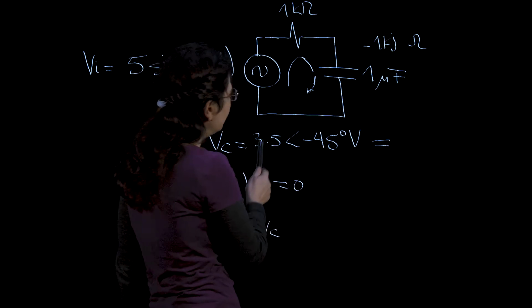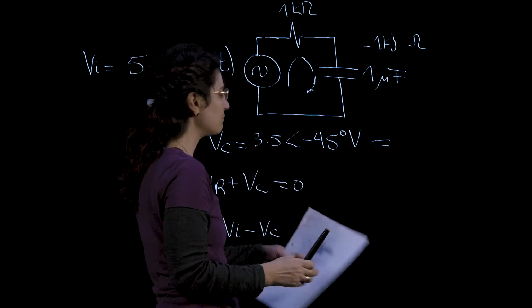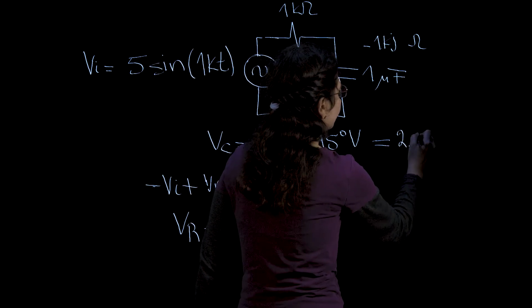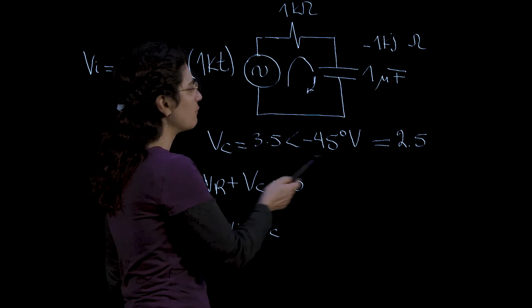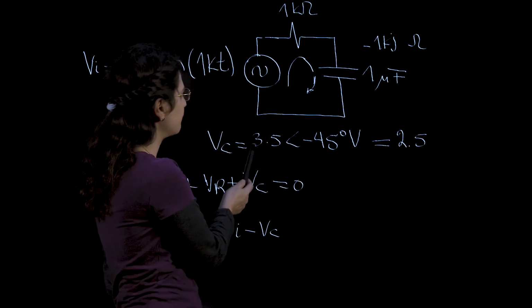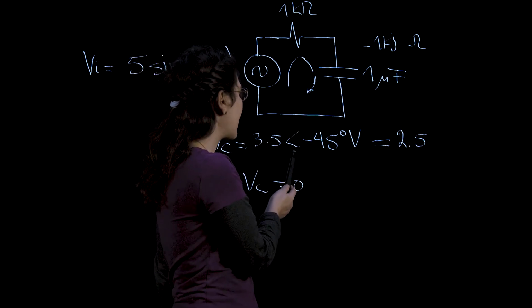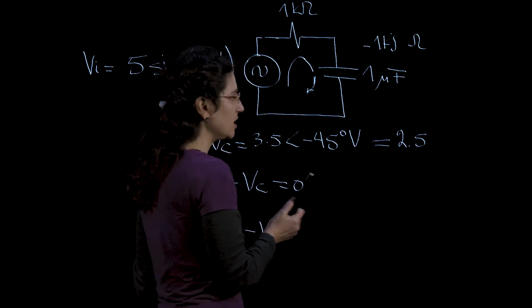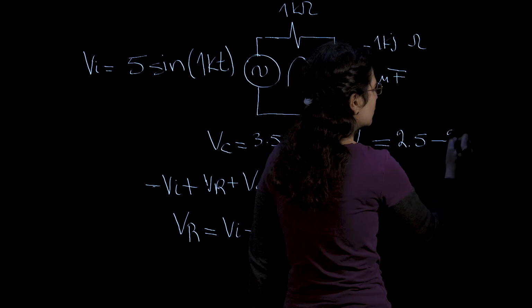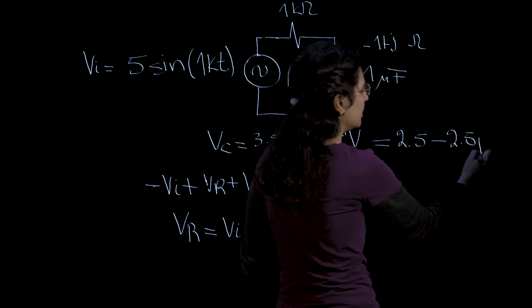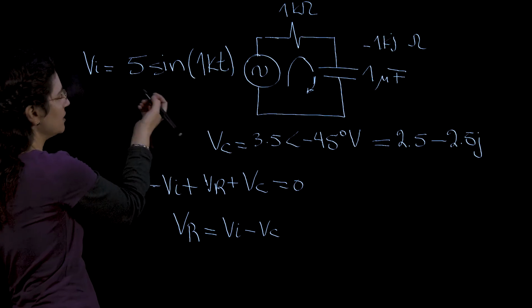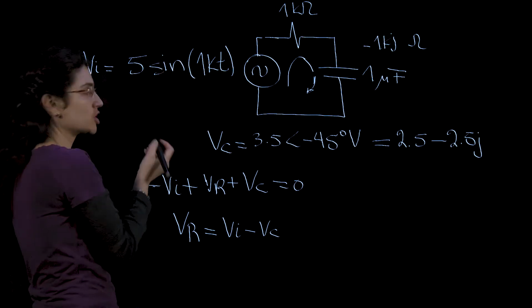So that would be 3.5 times cosine of minus 45 degrees. That gives me 2.5. And the same for the imaginary part. I have 3.5 times sine of minus 45 degrees times j. So that gives me minus 2.5j.